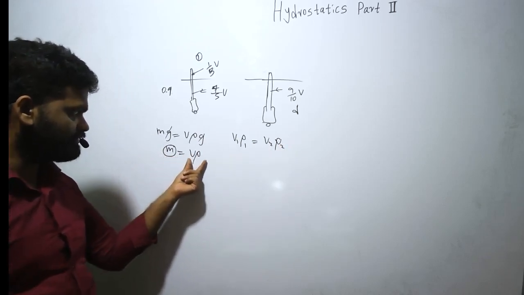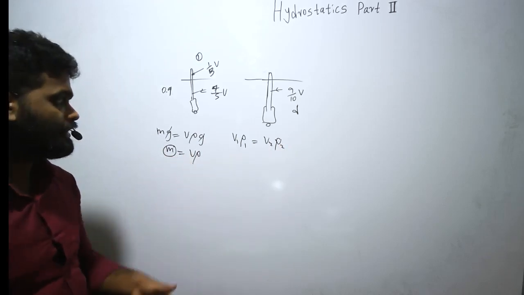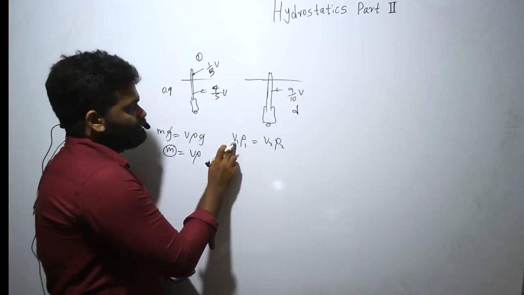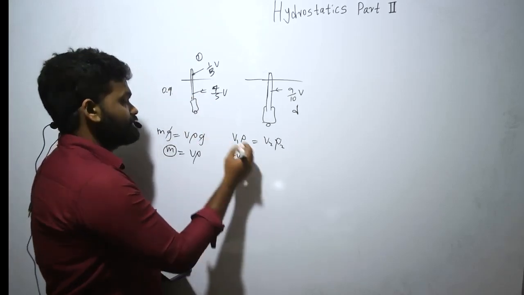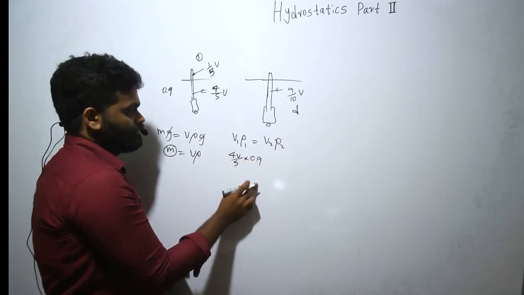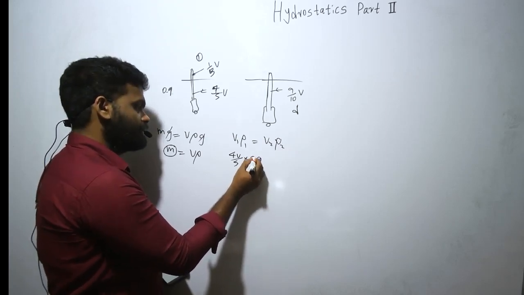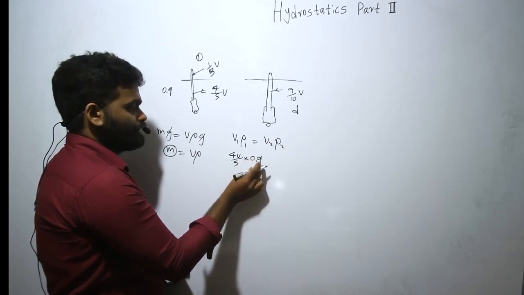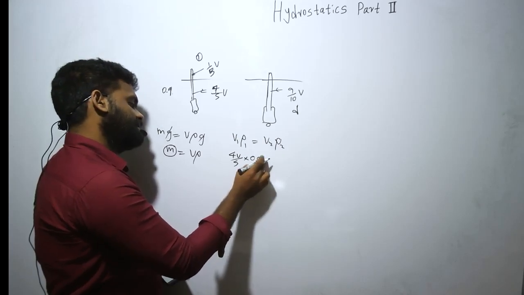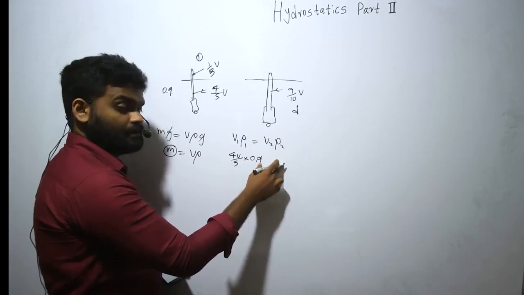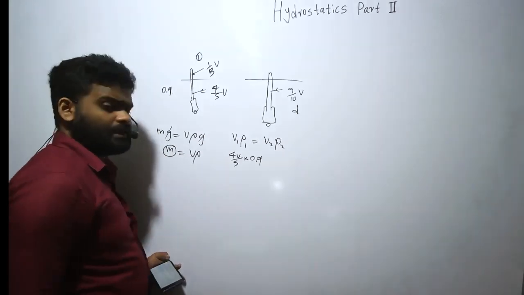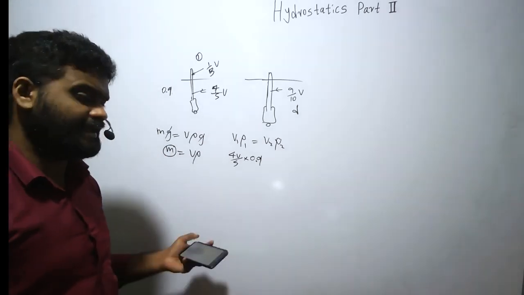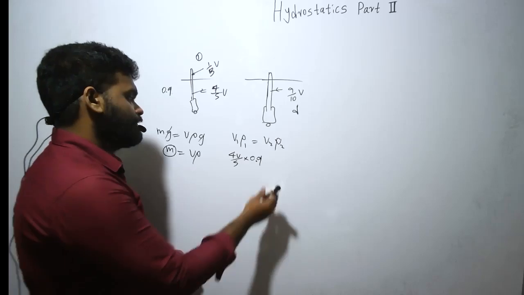Mass does not change, so this product also does not change. Right. So here V1 is what? 4V over 5. Rho 1 is 0.9. Okay. Does not matter the units, right? Because if you want, you can think like grams per cubic centimeter. Then you have to work accordingly, right? Don't multiply by 1000 all the time, right? It complicates things.